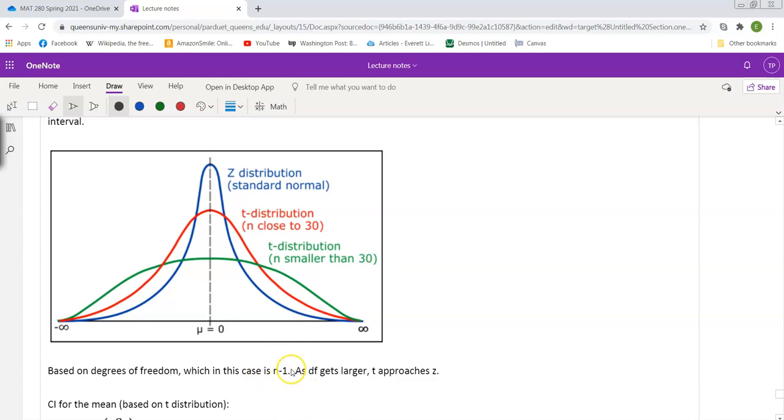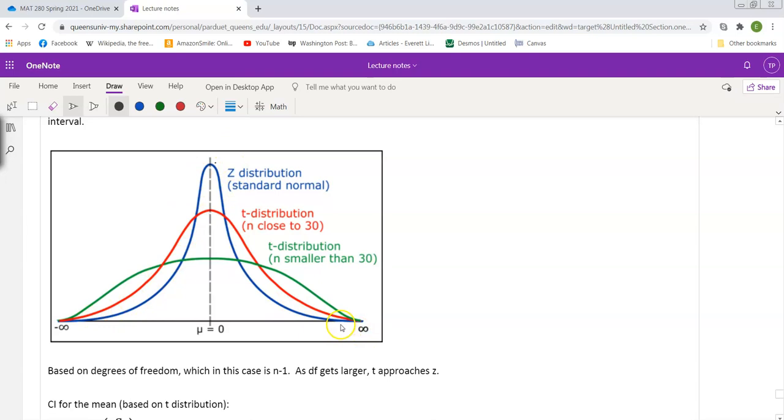So whatever our sample size is, you subtract 1, and that's the degrees of freedom. For larger degrees of freedom, the t distribution gets narrower and narrower until it gets infinitely close to the z distribution. So it starts out, for low degrees of freedom, really, really wide. But for higher degrees of freedom, it gets closer to the z.